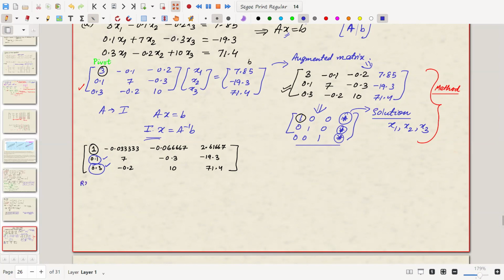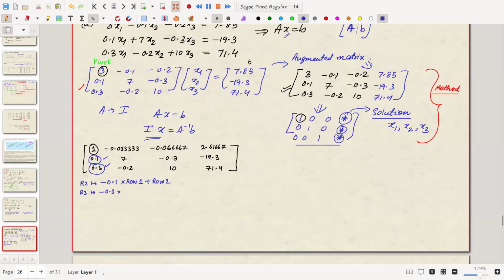How about row 2 is minus 0.1 times row 1 plus row 2? Does the second element go to 0? Yes. For row 3, what you should do?